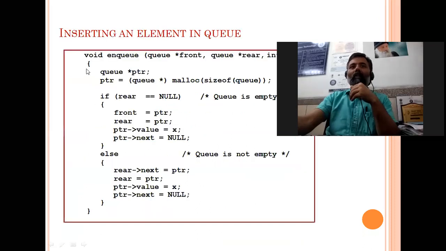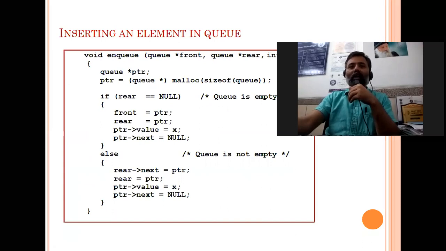Now in the enqueue operation, when we are inserting an element in that queue, we take both pointers, front and rear, and suppose this value int x we want to insert. You are already aware of the linked list implementation in a singly linked list.